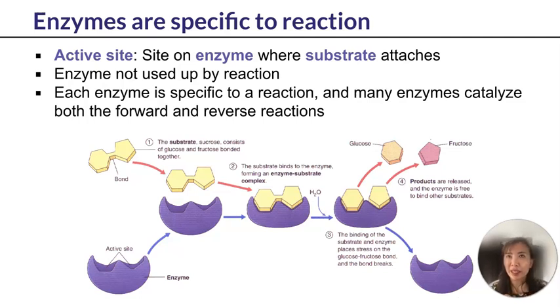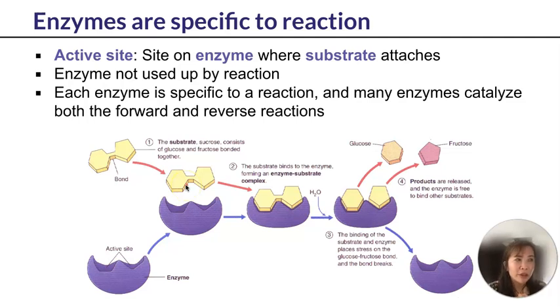Similar to how a key will only fit into certain locks and not all locks, the key here is the substrate and the lock is the enzyme. So you have to have the correct substrate in order to fit into that enzyme. You can see here that the enzyme has a very particular shape that accommodates this substrate.